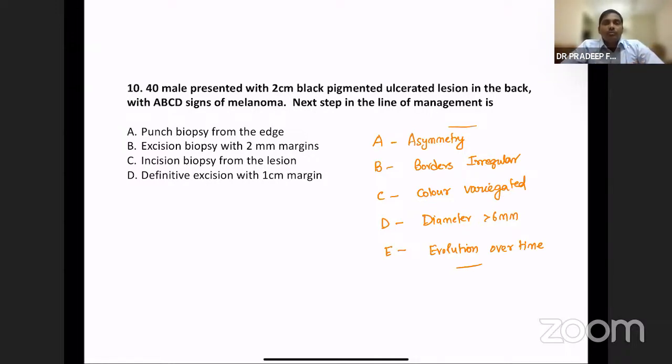So what to do when you have a suspicious diagnosis of a melanoma? When the lesion is very large, first you should locate the size and site of the lesion, and you should palpate for any regional nodes.